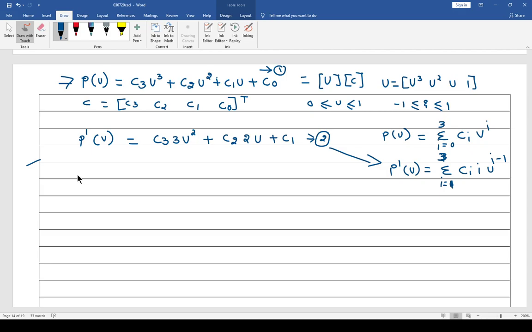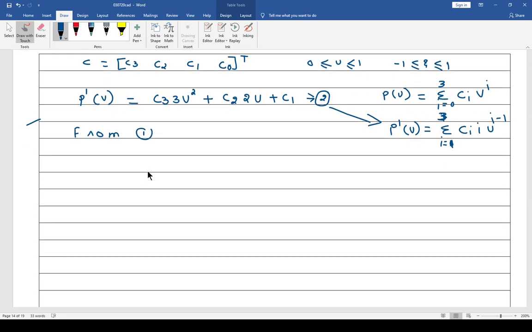Okay, so now I just write down the meaning of this equation. From equation 1, what is its meaning?